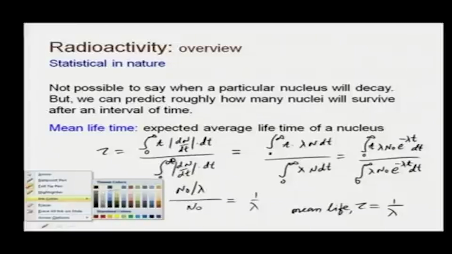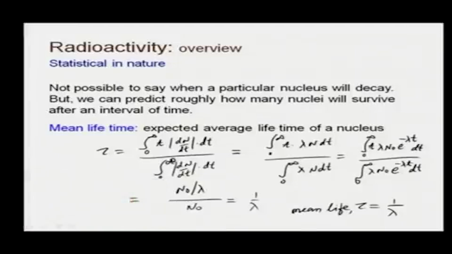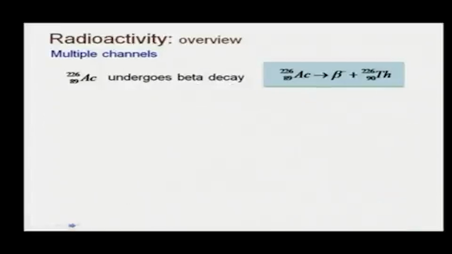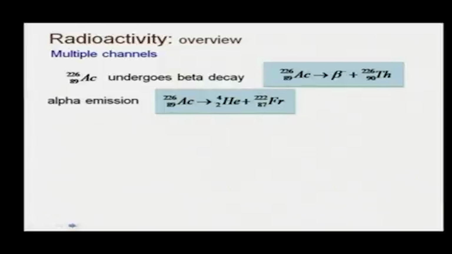which is the inverse of the decay constant. Now, let us look at some other thing. A particular nucleus, we said, decays radioactively, but it can decay through beta decay, and it can also possibly decay through other channels, other types of radioactive decays.